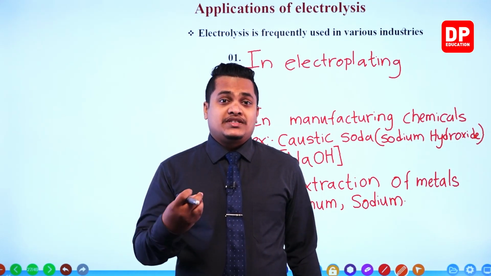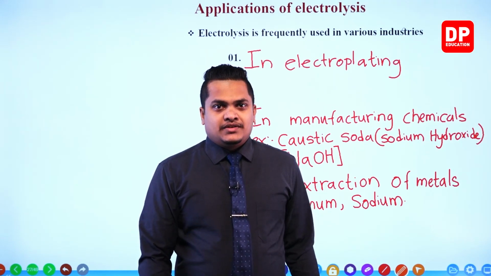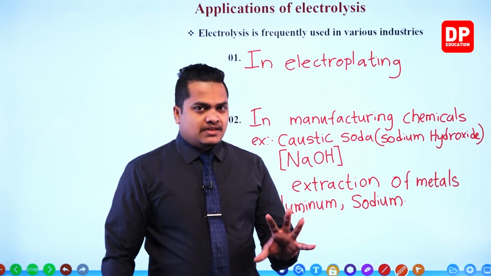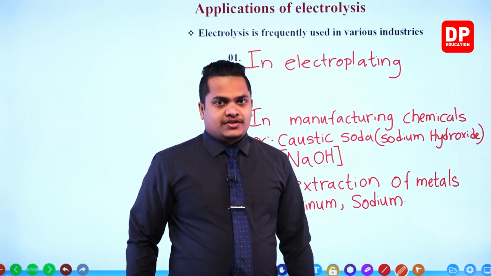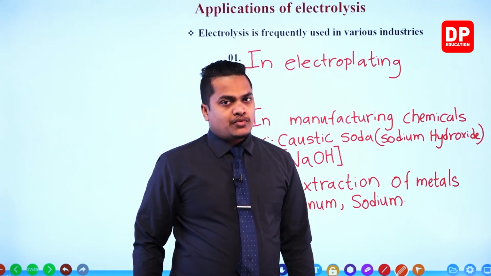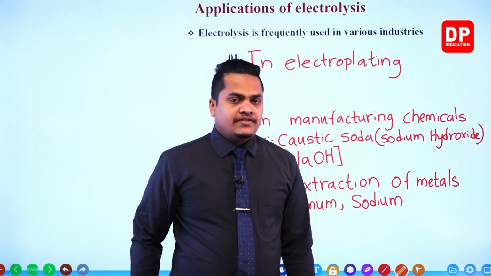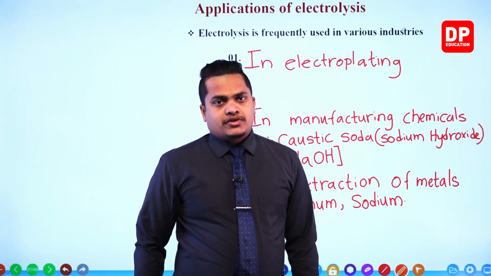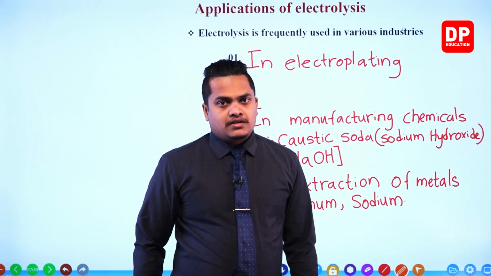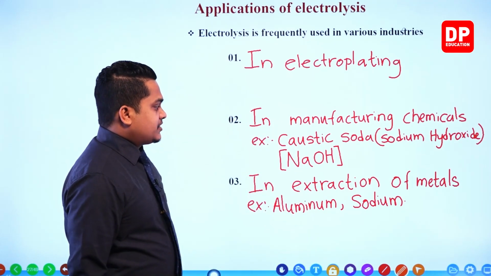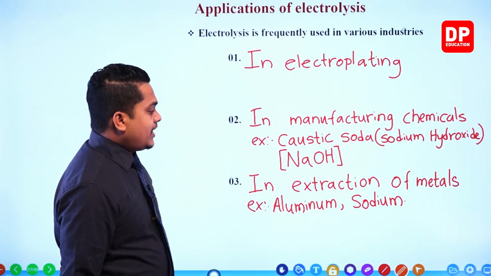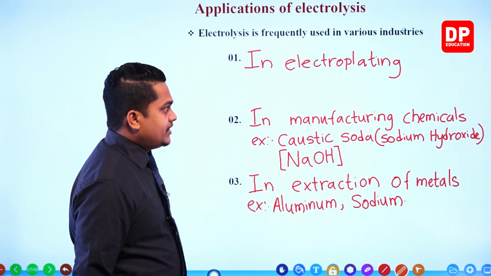Potassium is even more destructive than sodium. So, a simple brief about these metals, my dear children. These more reactive metals are extracted by the process of electrolysis. Here we use fused solutions in extracting those metals. By electrolysis, we can extract metals like aluminium and sodium.